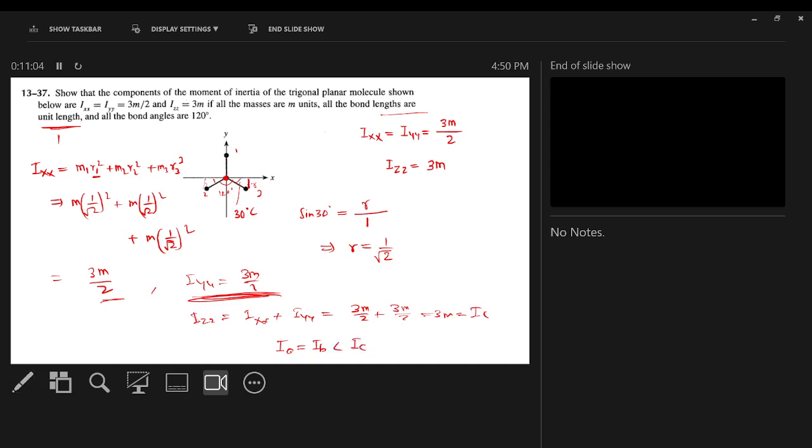Which condition is this, oblate or prolate? This is oblate. If you draw the analogy, one mass is here, one mass is here, one mass is here. If you don't know the configuration, by calculating the moment of inertia we can predict it.